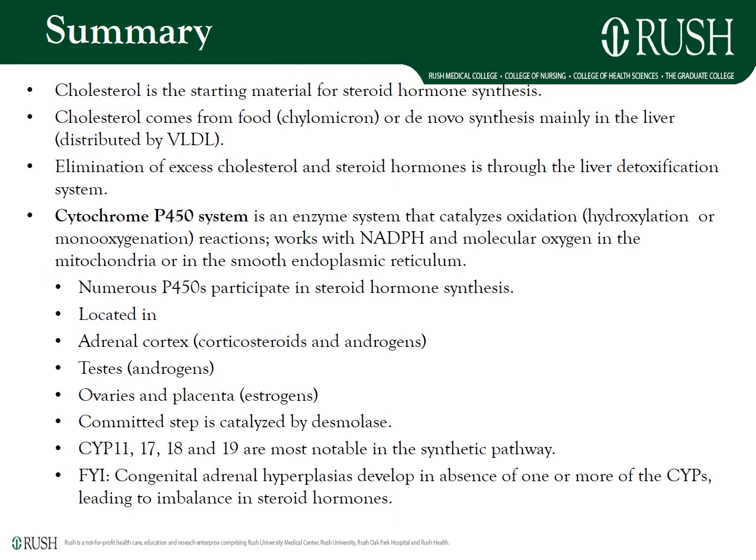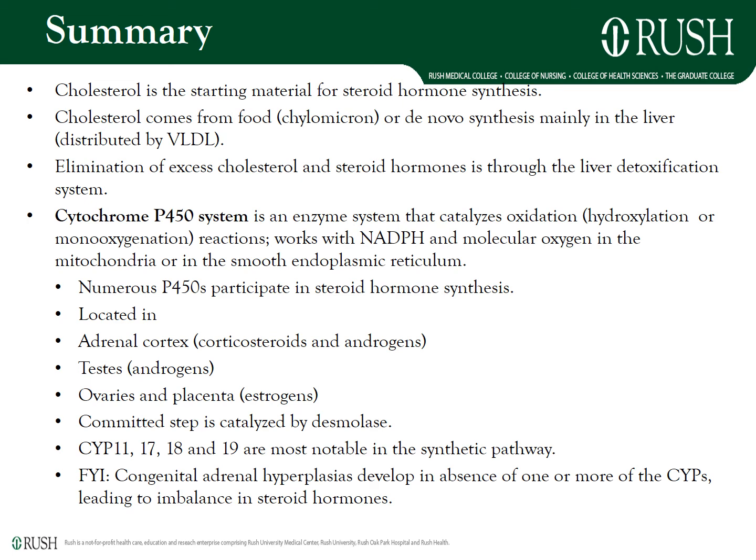So what did we learn today? That the starting material of steroid hormones is cholesterol. Cholesterol is coming from either food or newly, de novo, synthesized. Elimination of the excess cholesterol and steroid hormones, as well as the majority of de novo synthesis of cholesterol, happens in the liver.